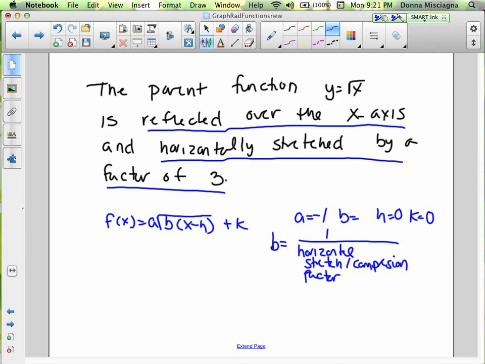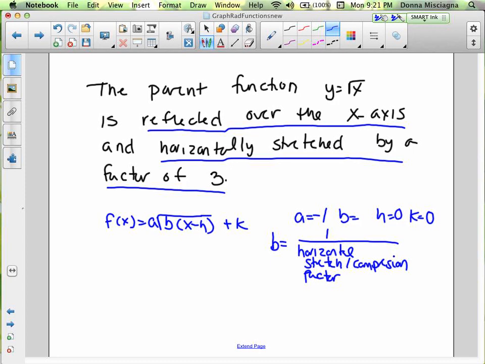So b is 1 over your horizontal stretch or compression. A is just your vertical stretch or compression factor. So why is it 1 over? Because it's going to have a different relationship. Now I'm multiplying it by x. Before, I was just affecting the results.